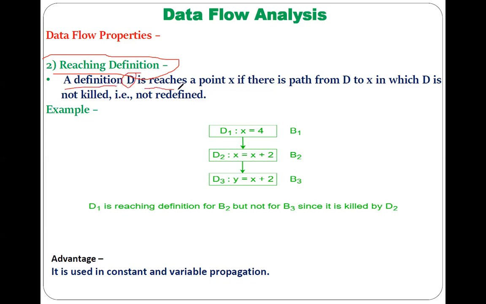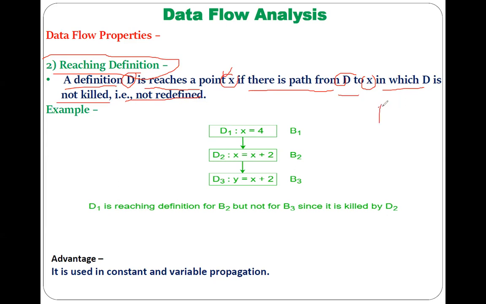A definition D reaches a point X in the program if there is a path from D to X in which D is not killed and not redefined. A definition D reaches a point X if there is a path from D to X in which D is not killed.